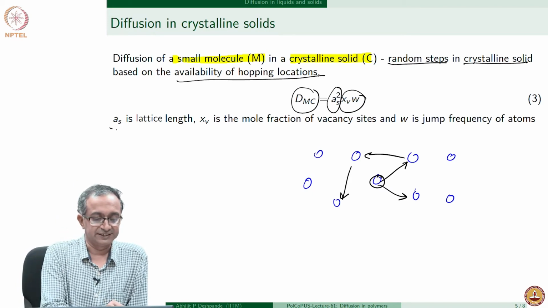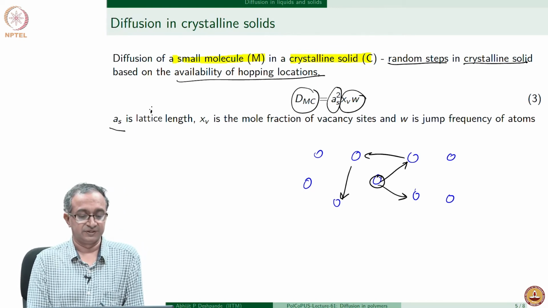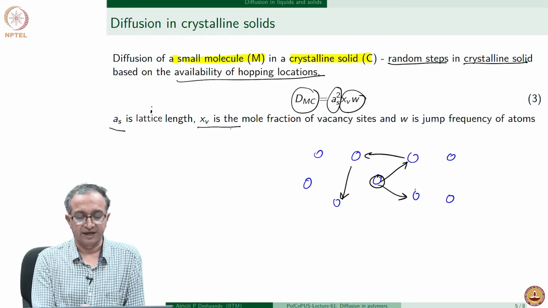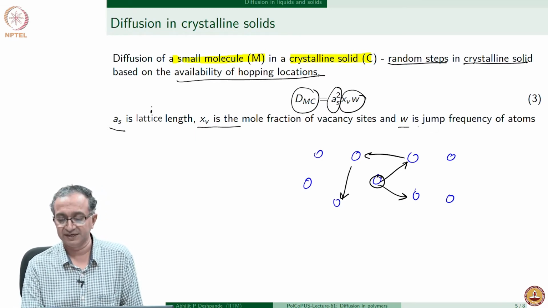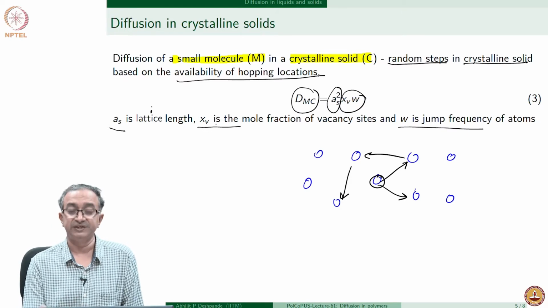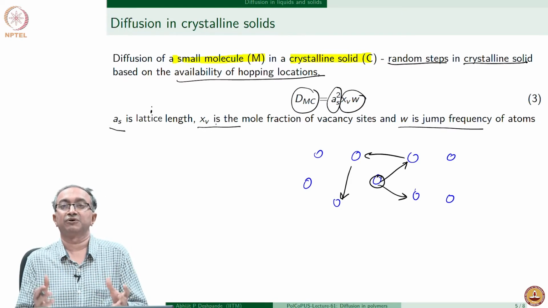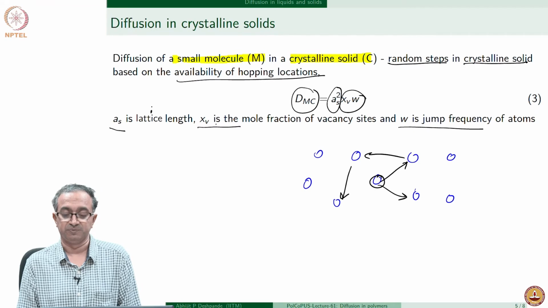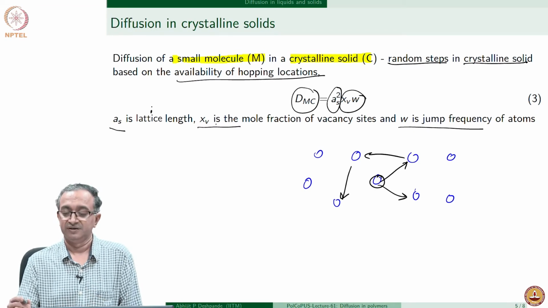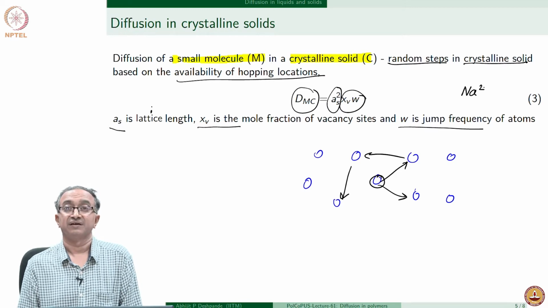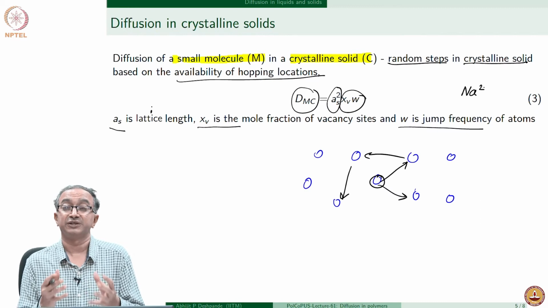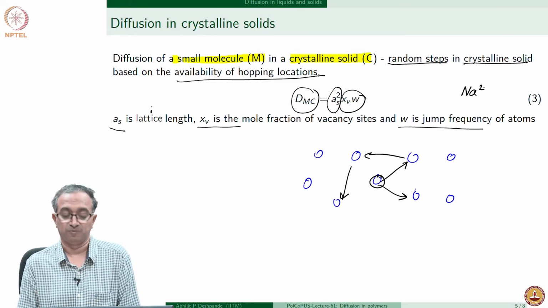Therefore, A_S is the size of the step, X_V is the mole fraction of the vacancy sites, and W is the jump frequency. So X_V times W gives us the idea of the number of such jumps which are possible. This is very similar to N times A squared, the end to end distance expression that we had obtained in case of a macromolecule.